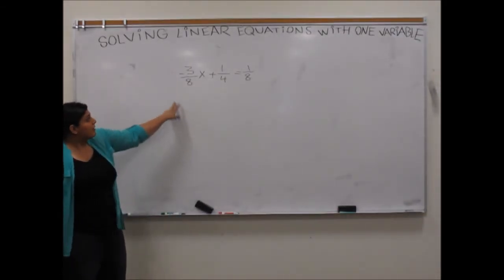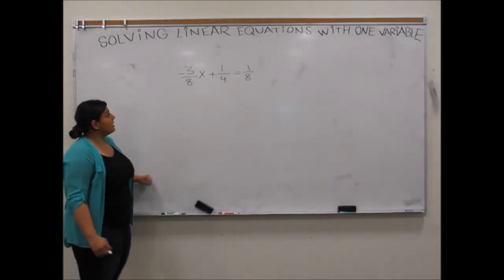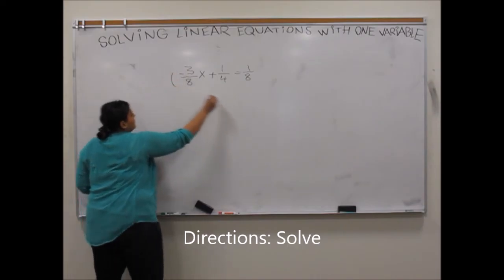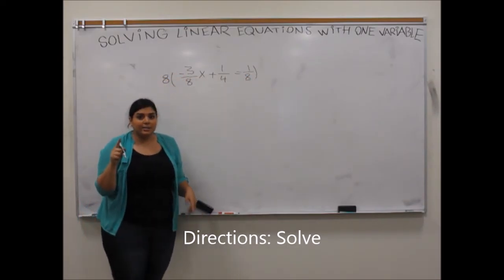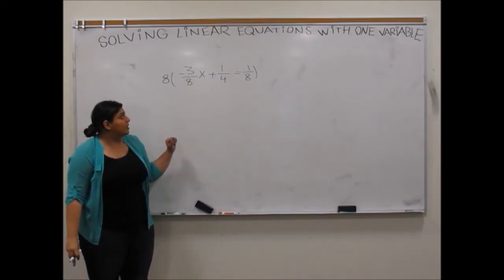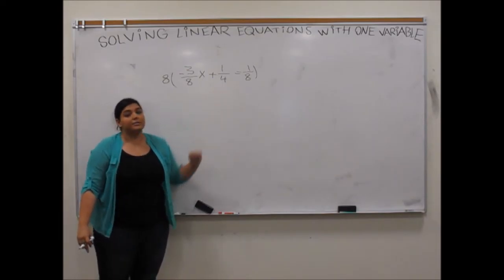Here, we have to find out what the LCD is between 8 and 4. We know the LCD is 8, so I want to multiply everything by 8. Remember, the LCD is the least number that will go evenly into all the denominators.